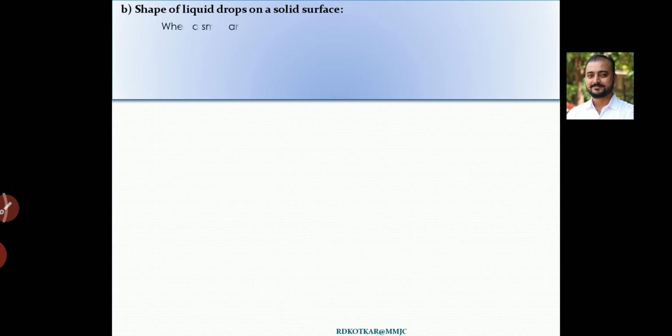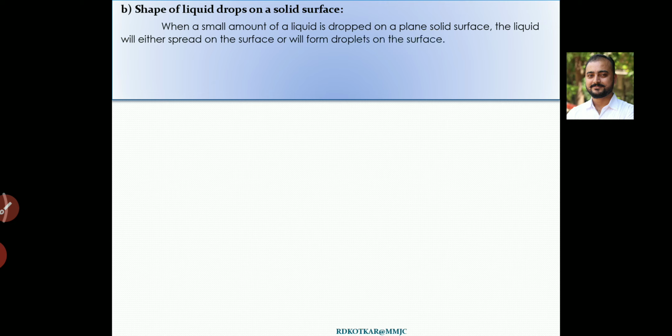That is what we have to discuss here. When a small amount of liquid is dropped on a plain solid surface, the liquid will either spread on the surface or will form a droplet on the surface.